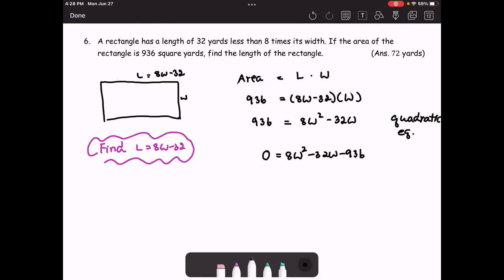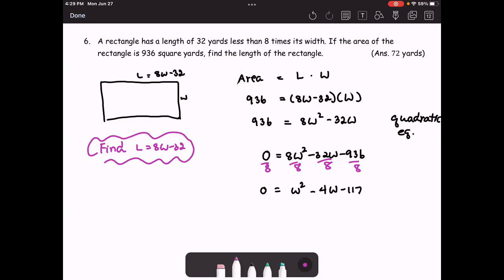The values 8, negative 32, and negative 936 all have the greatest common factor, 8. So if we divide all by 8, we get the equation in the simplified form as W squared minus 4 W minus 117.